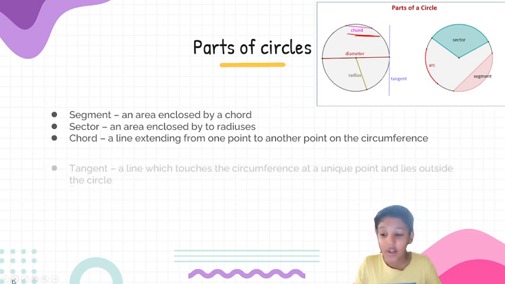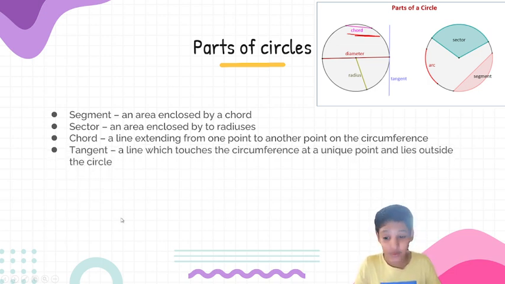And the tangent, as you see, is a line which touches the circumference at a unique point, right about here. And it lies completely outside of the circle.